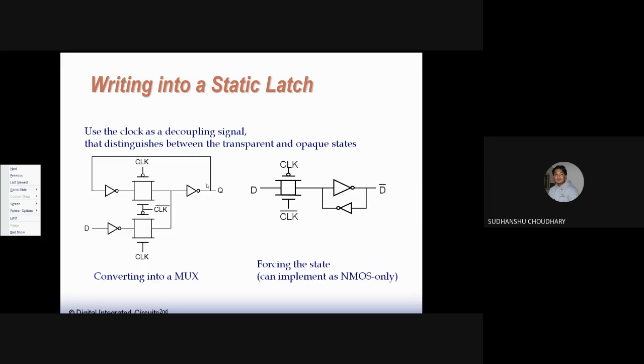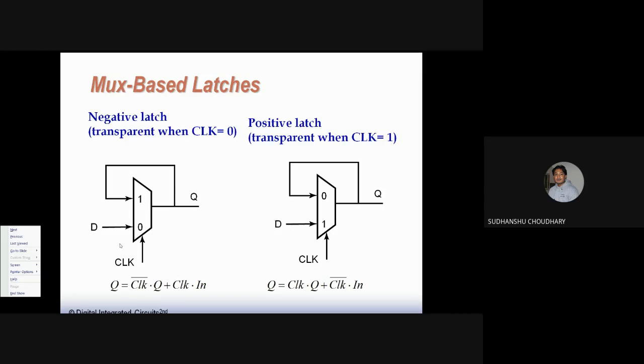This resembles a multiplexer operation: when clock is 1 you're selecting the data, and when clock is 0 the data is retained over here. So this is how a multiplexer based latch can be designed using a transmission gate and CMOS inverter.